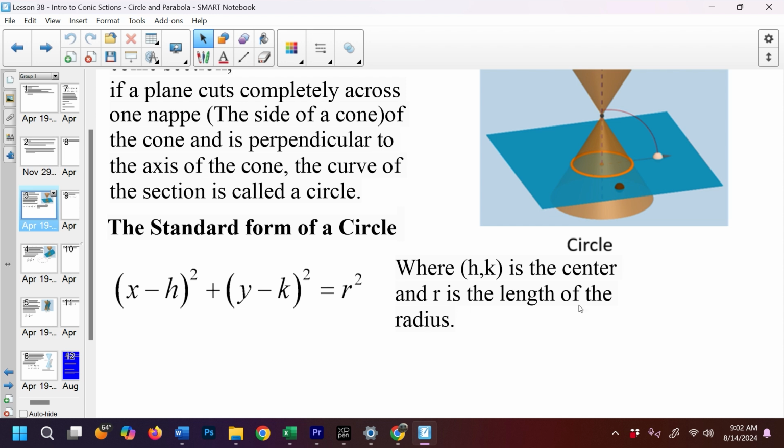And r is the length of the radius. So r is the radius, but in the standard form of the circle, and this is just some error management, it's r squared. For example, if this number here were 16, that's actually the r squared value, and the radius would only be 4.